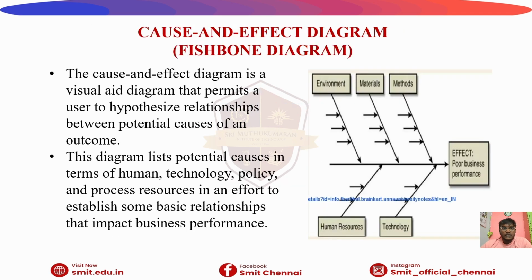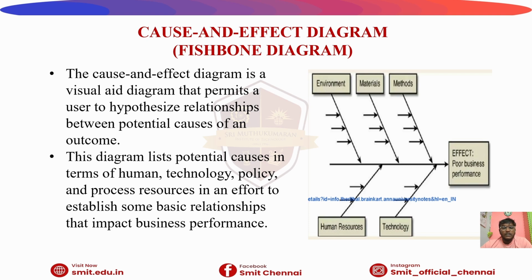Then cause and effect diagram, fishbone diagram. The cause and effect diagram is also called fishbone diagram because of its shape. It is a visual tool that helps hypothesize relationship between potential cause and an outcome. It was developed by Dr. Kaoru Ishikawa, so it's also known as Ishikawa diagram.